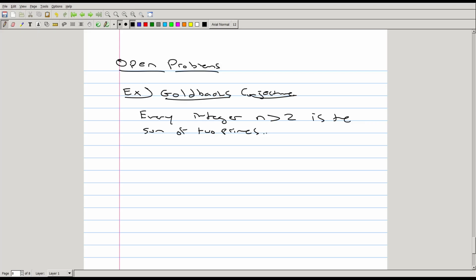And this can be checked in a relatively straightforward manner for small even numbers. And although no proof of Goldbach's conjecture has been found, most mathematicians believe it is true.